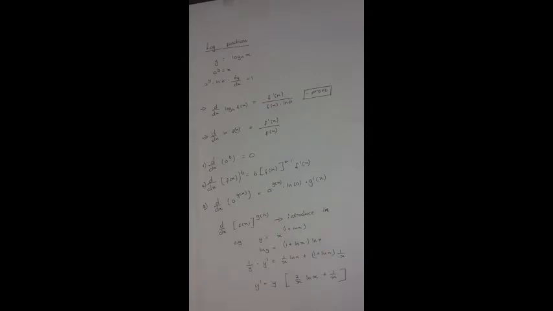But then you come face to face with a function like the derivative of f of x to the power of g of x. Here you have to introduce the ln function. First of all, we say this function is equal to y, and then you use ln on both sides.